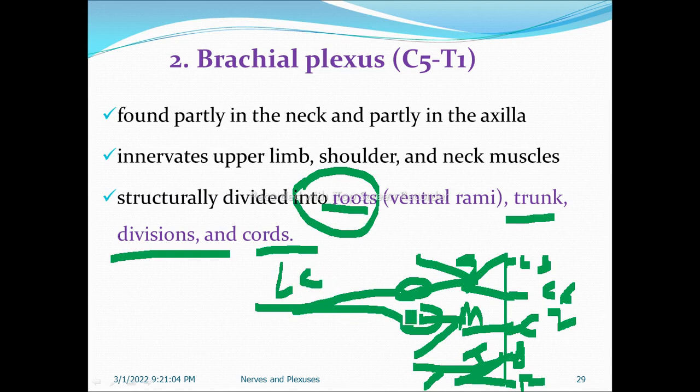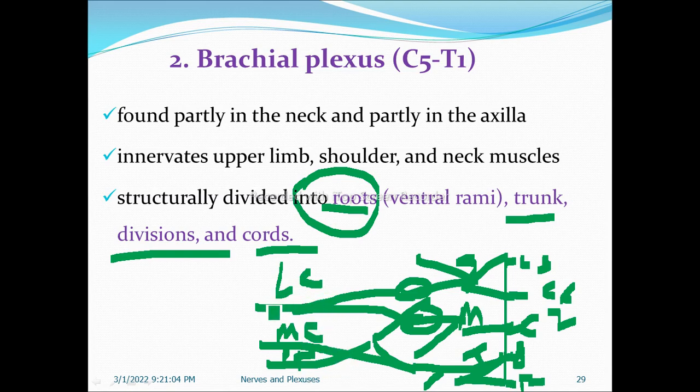The anterior division of the lower trunk forms the medial cord. And finally, the three posterior divisions form the posterior cord. So we produce three cords: lateral, medial and posterior.